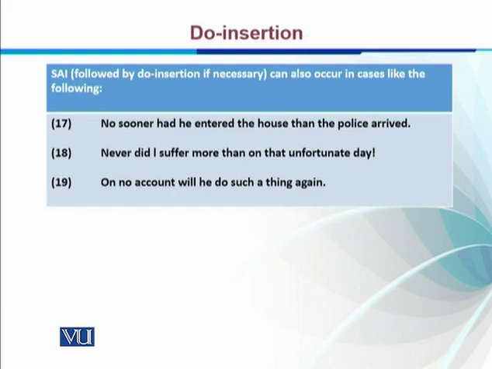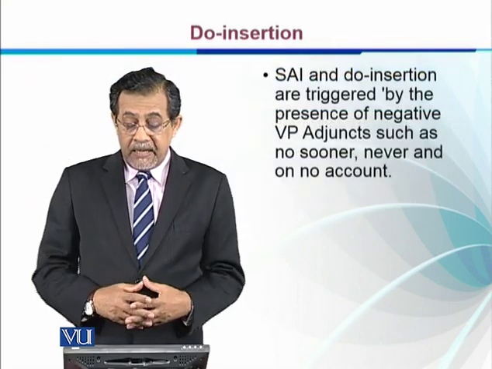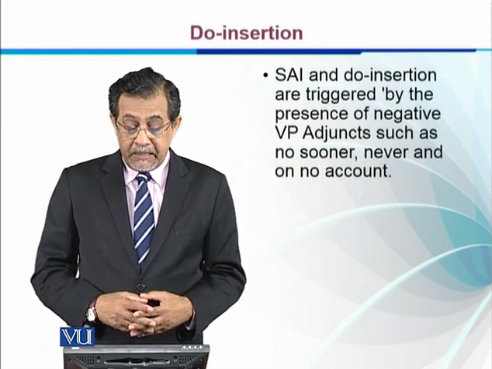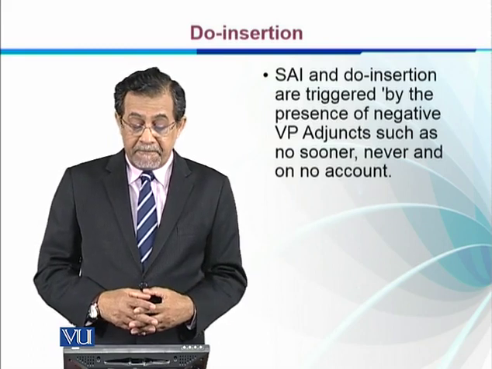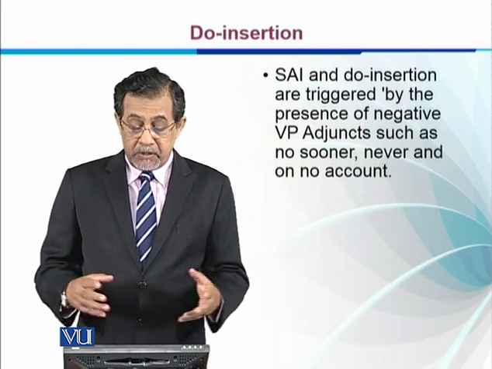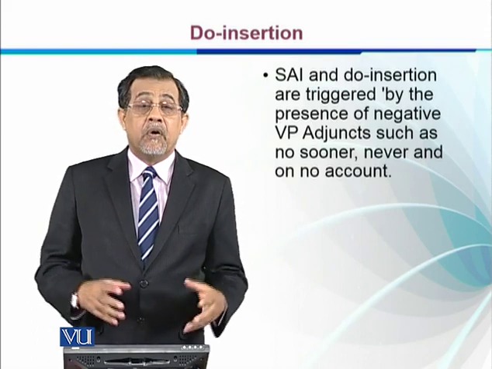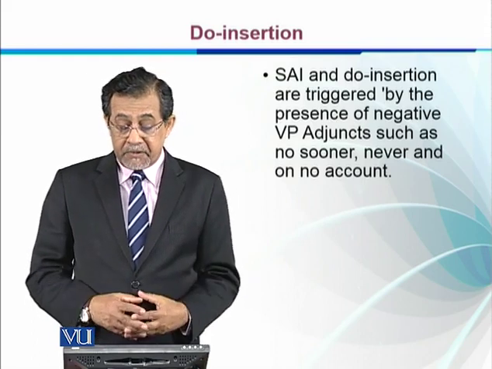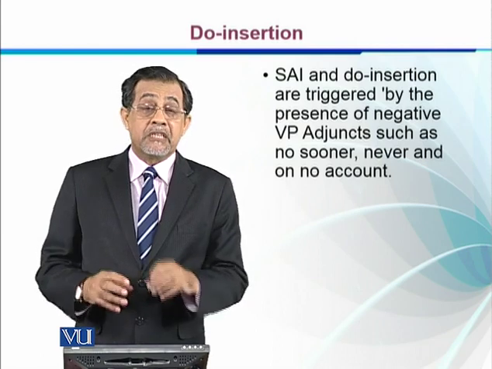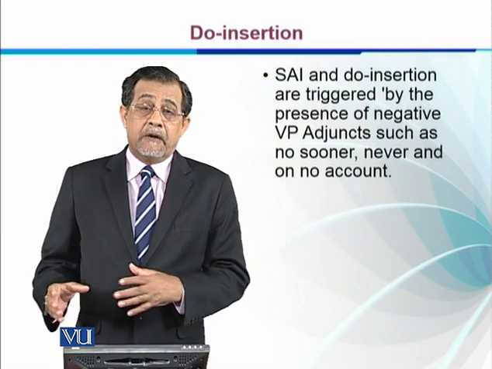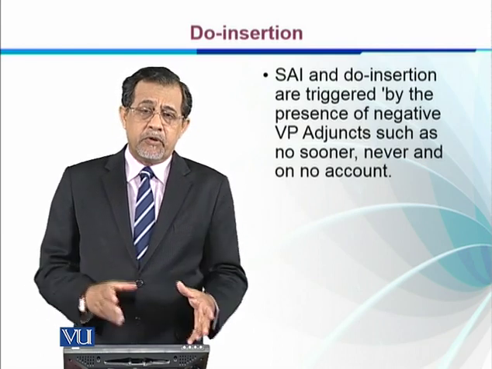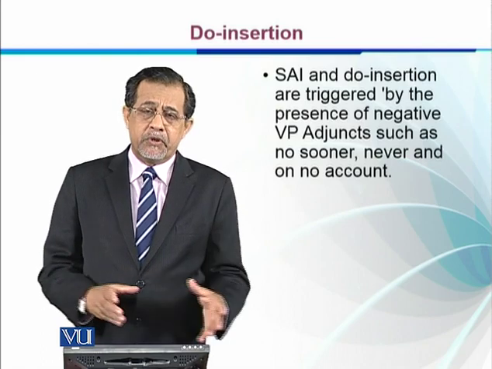On no account will he do such a thing. So we must have it in an interrogative structure. So SAI and do insertion are triggered by the presence of negative adjuncts such as no sooner, never, and on no account. So whenever we have such adjuncts, we must bring the auxiliary into the front position before the subject.